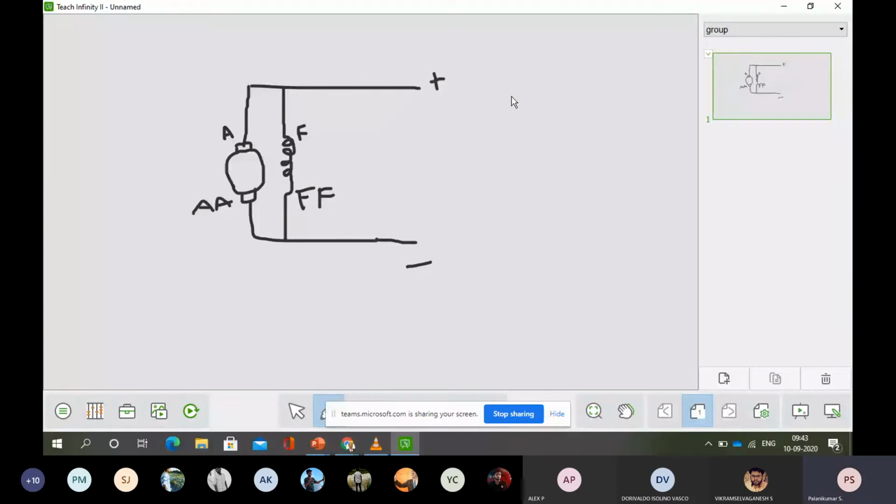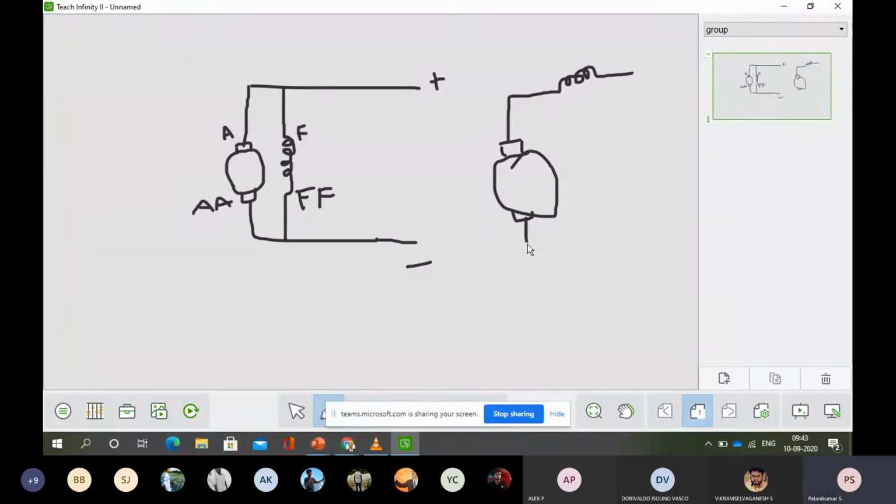Another arrangement is also possible, in which I am having a coil, that is the stator coil, and I can connect it like this. Here I am having a carbon brush, connected to the armature, having contact with the armature.